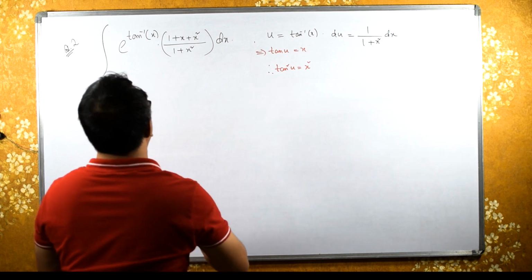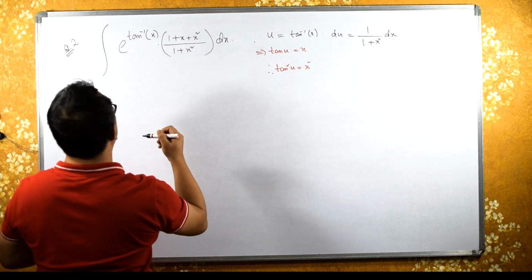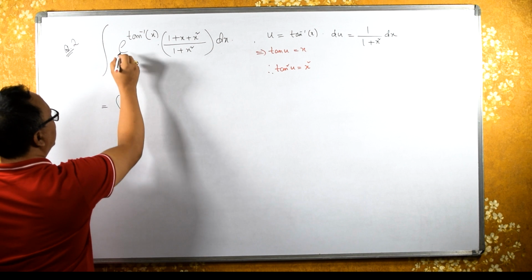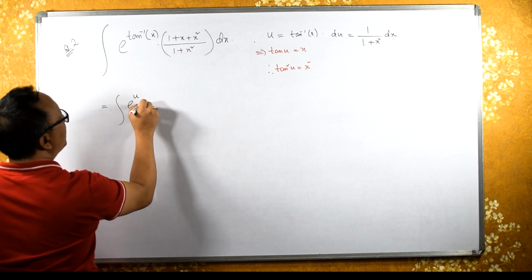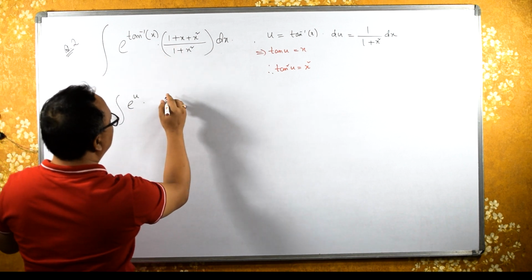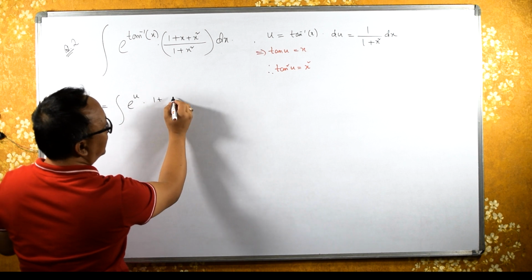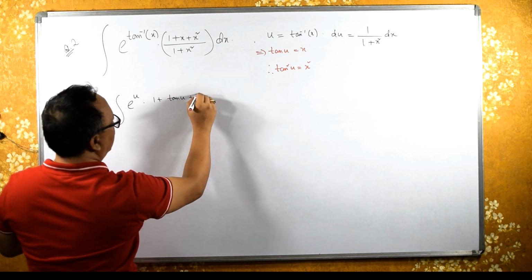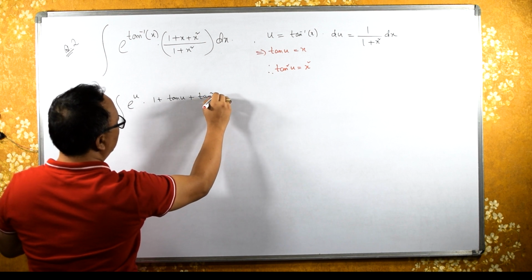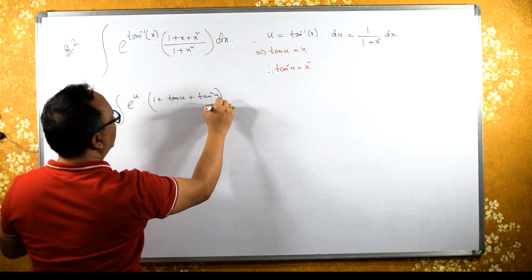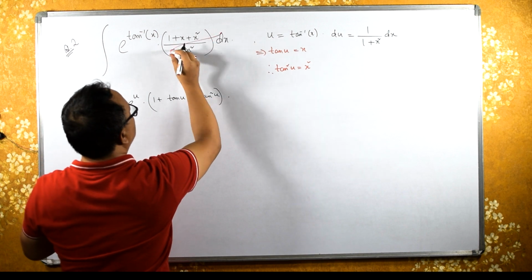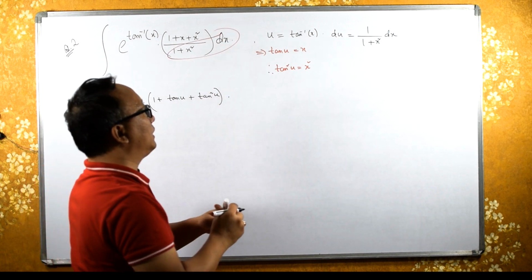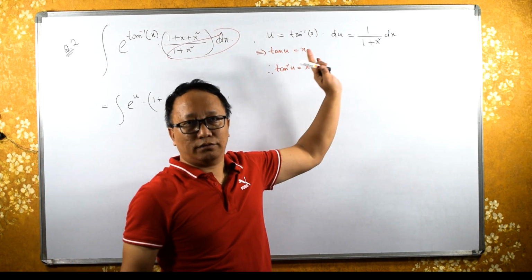Okay, we have everything. Now let's substitute over here. It is equal to e raised to u into (1 plus what is x? x is tan u, plus tan square u) into dx by 1 plus x square, which becomes du.